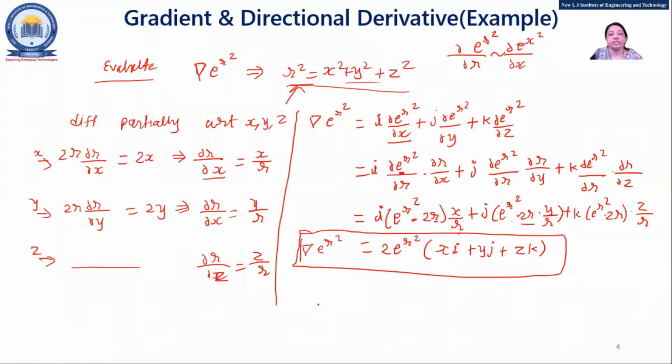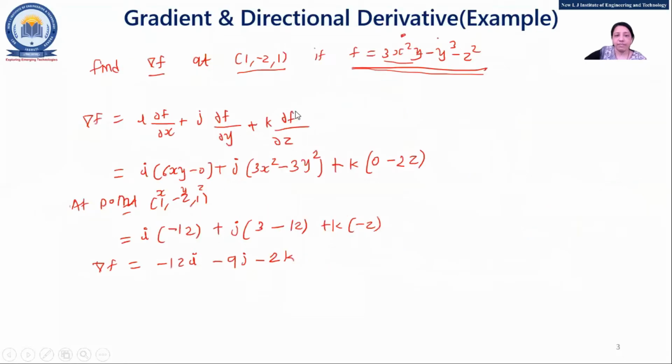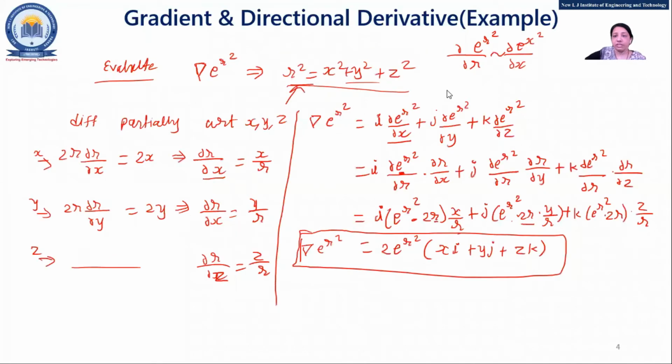At which point it is not given, right? So we are not going for that. In the previous example it was: find out the grad f at this point if the function is this. Here they have directly asked to find out this, right? So what we are going to do, this is the thing.